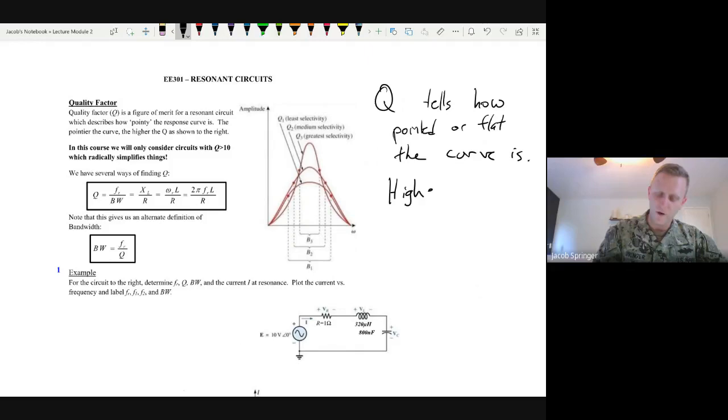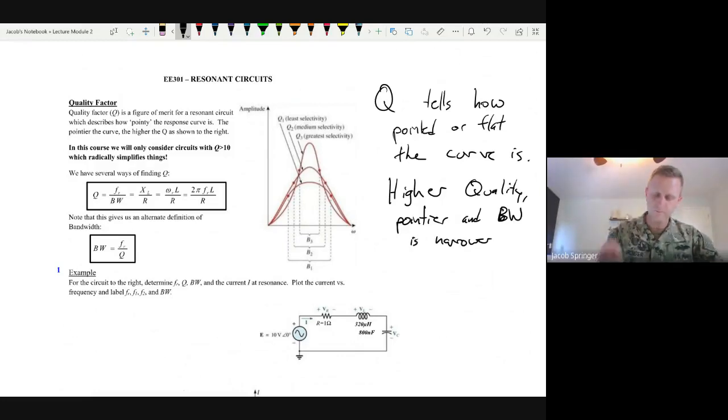Whenever we have higher quality, it's pointier, and the bandwidth is narrower. Right, and so we can see they're saying right here, Q3 is the greatest sensitivity, and so we can even see the bandwidth is more narrow right here, and the graph is pointier, it's sticking up more.